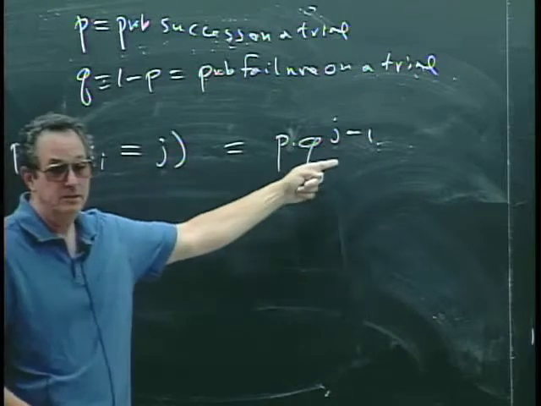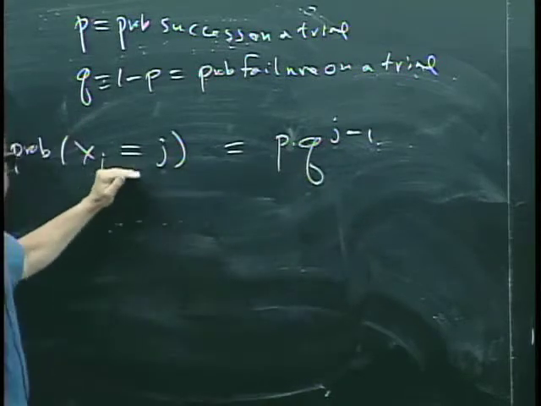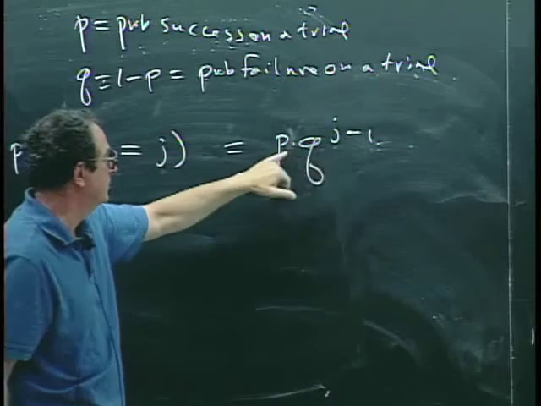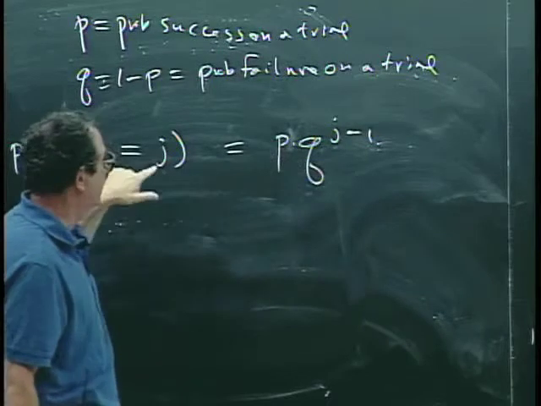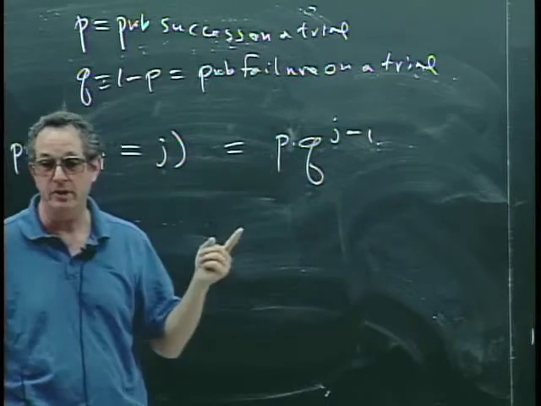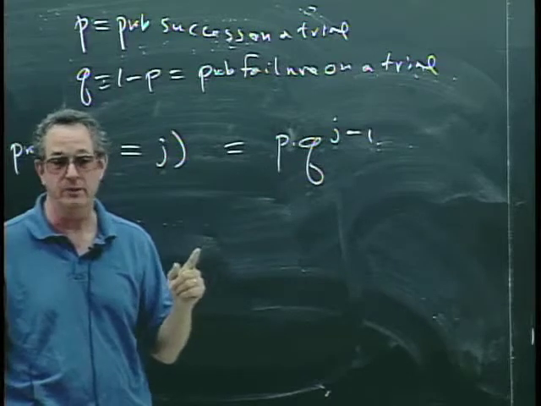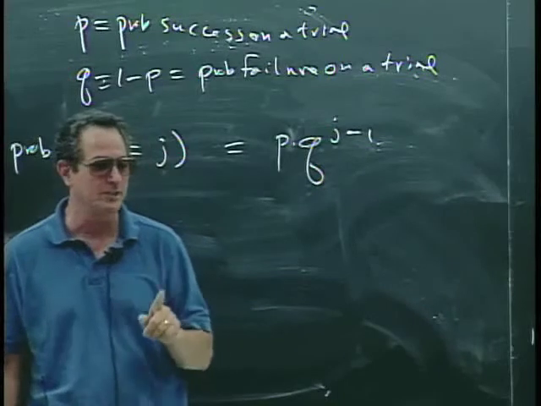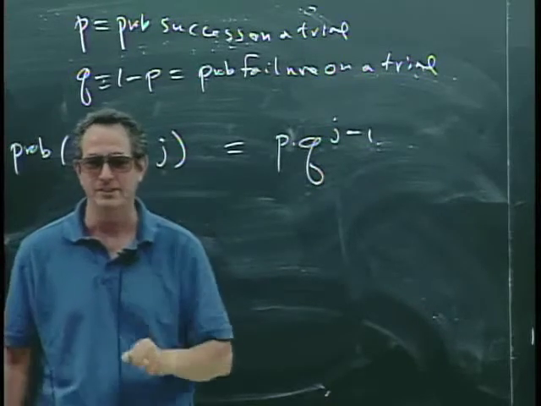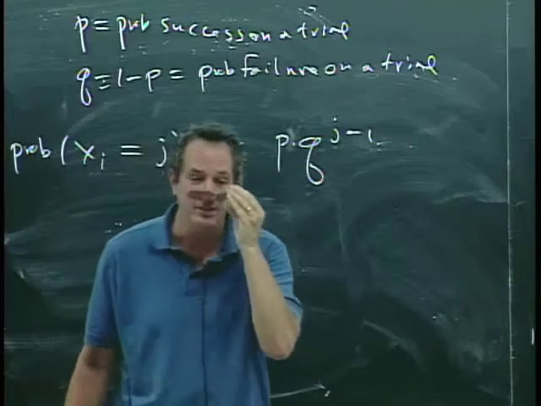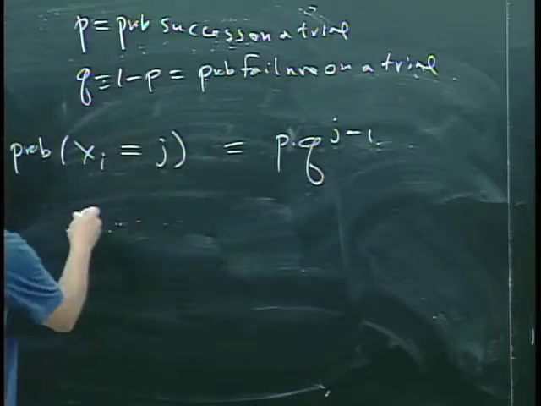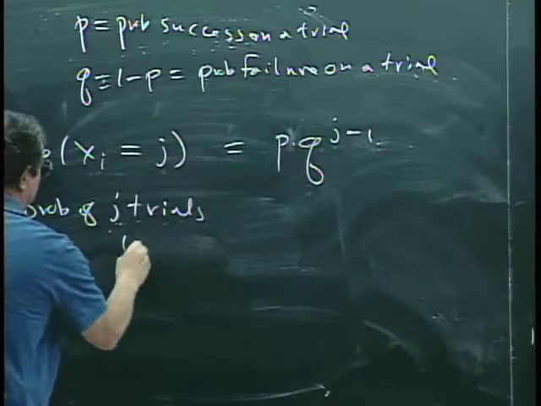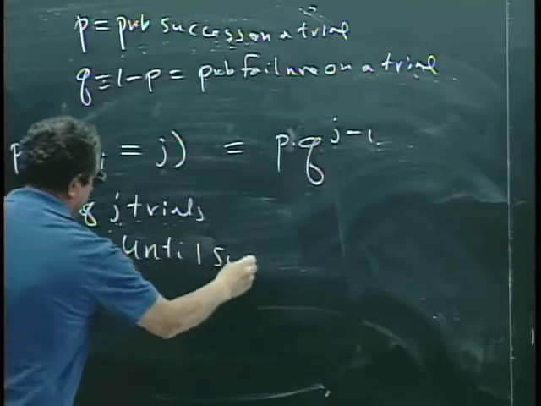If it's that, now what's our interpretation of this? Is this the probability of j trials before failure or j trials until failure? j trials before success or j trials until success? Yeah. Until, thank you. So this is the probability of j trials until success.